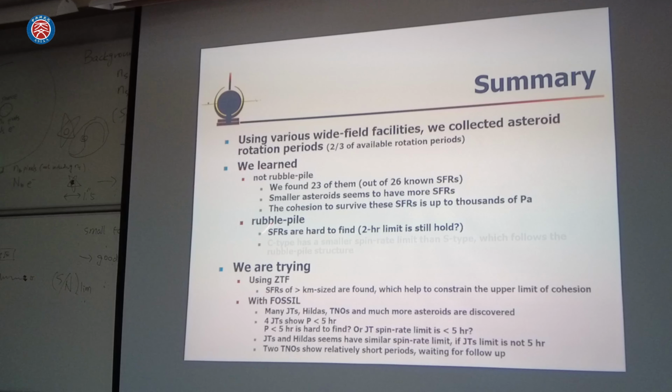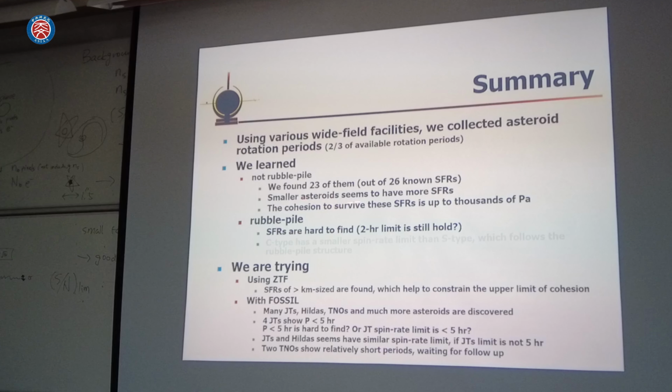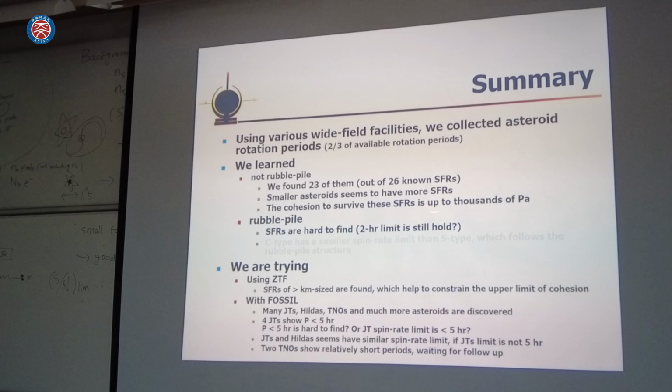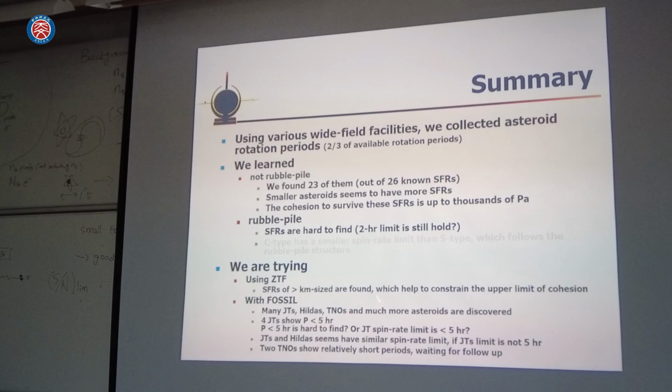And we learned some superfast rotators, which cannot be explained by rubble piles, and it seems smaller asteroids have more superfast rotators. And the cohesion to survive these superfast rotators can be up to 1,000 Pascal. So, which means we need something like clay in space.